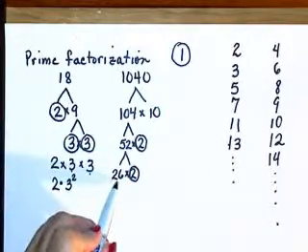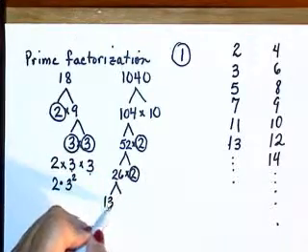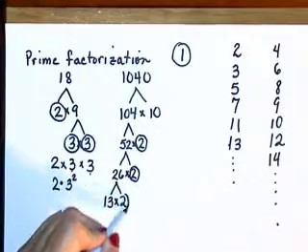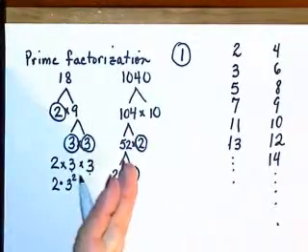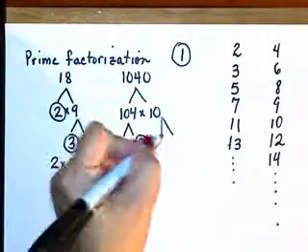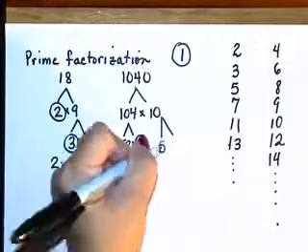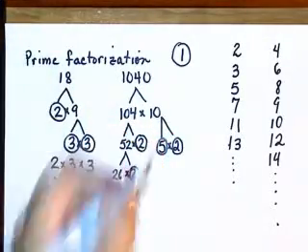Now, we know that this also divides by 2, and that's 13 times 2. Now, both of these are prime. Alright, now we took care of the 104. Now we've got to take care of 10. Okay, so the prime factors of 10, okay, we've got 5 times 2, and that's it, because those are both prime.